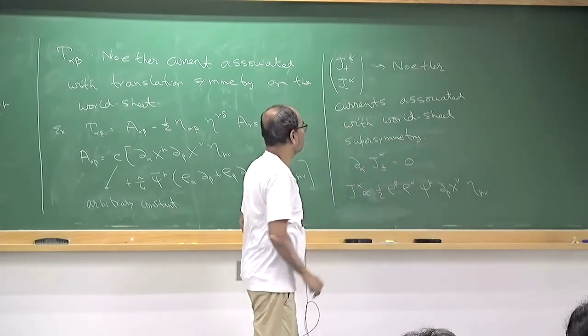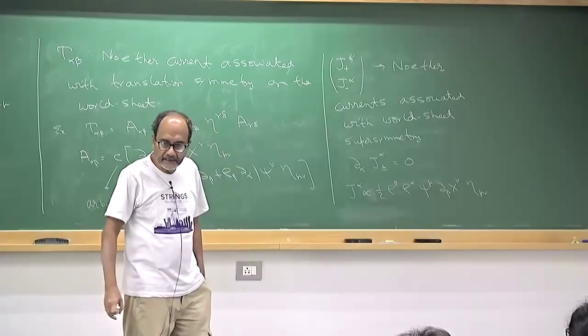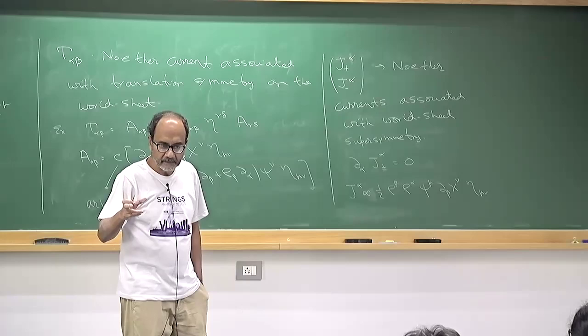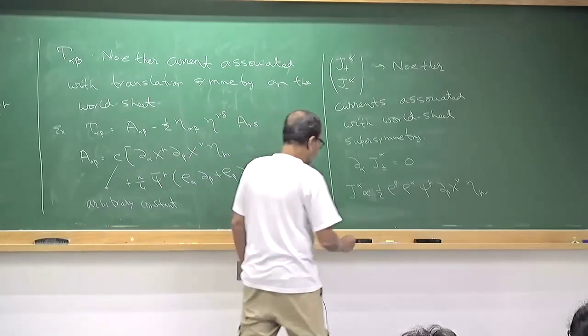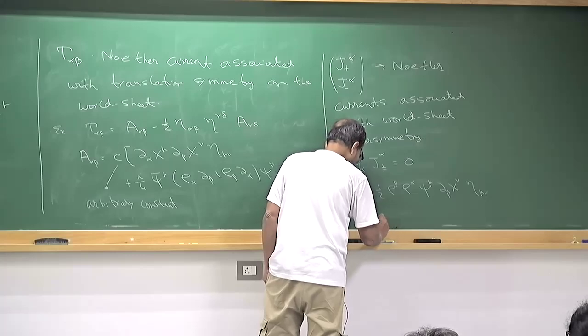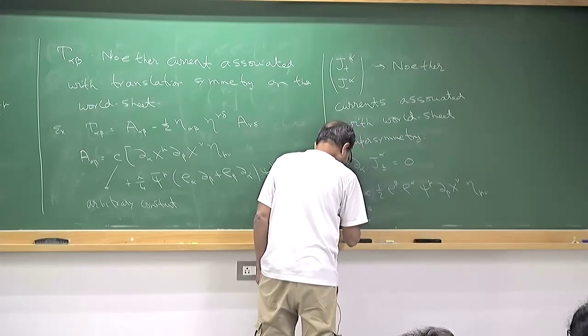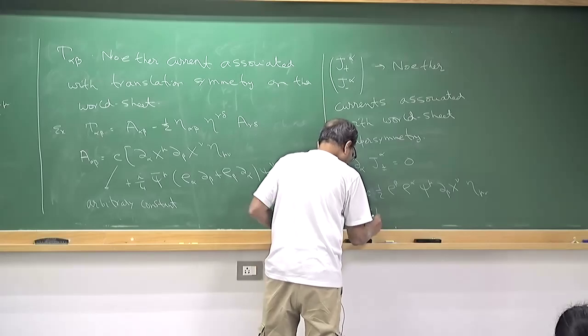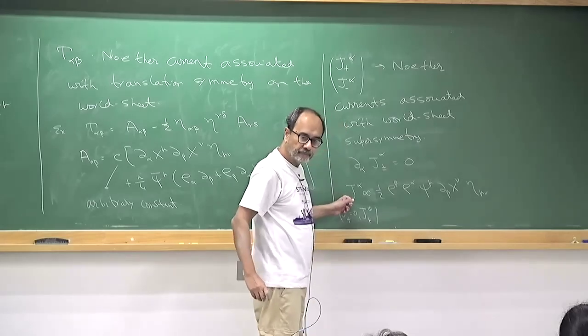Even though it looks like J plus alpha, J plus actually has only one component, which is J plus V. So J plus U is 0. They all follow from here.